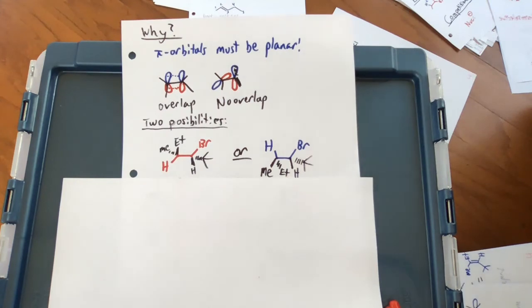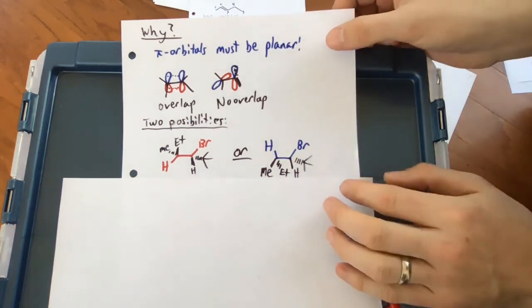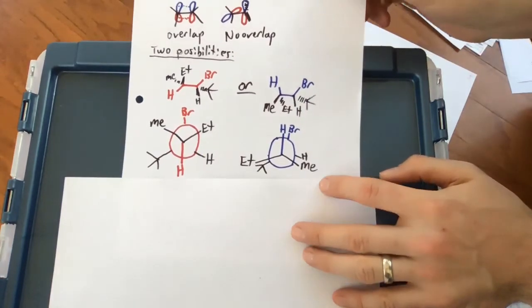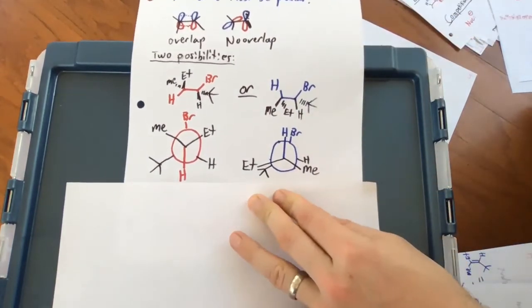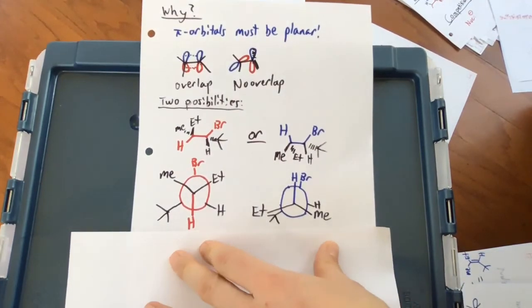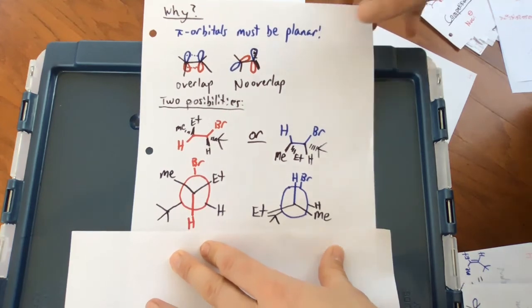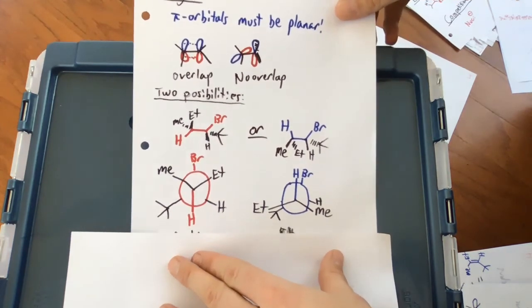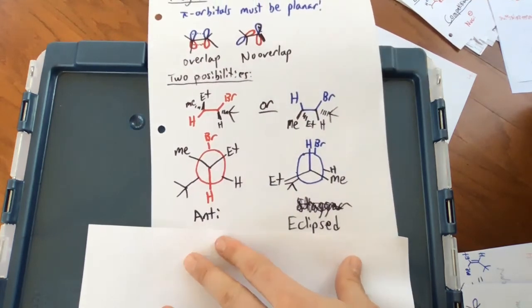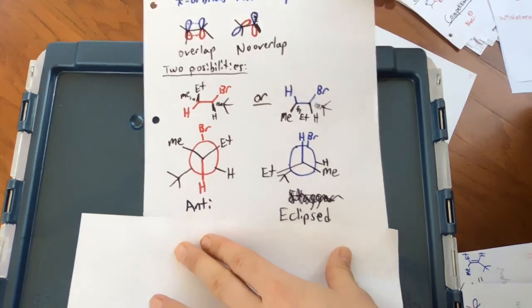To determine whether one would be energetically favorable over the other, we're going to turn to our old friend, the Newman projection. The Newman projection is key in this instance to let us know what the most stable conformation might be, because hopefully you can spot very quickly that the one with red coloring has an anti configuration, and the one in the blue coloring has an eclipsed configuration.